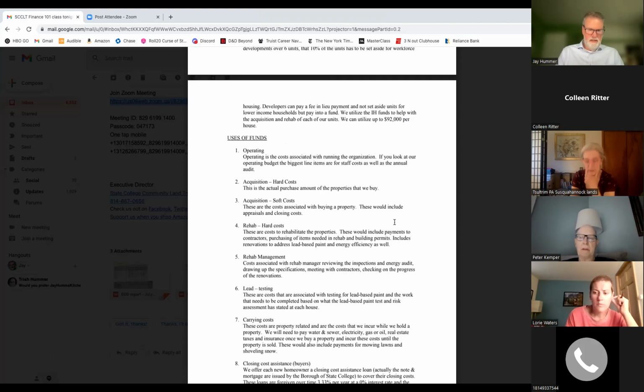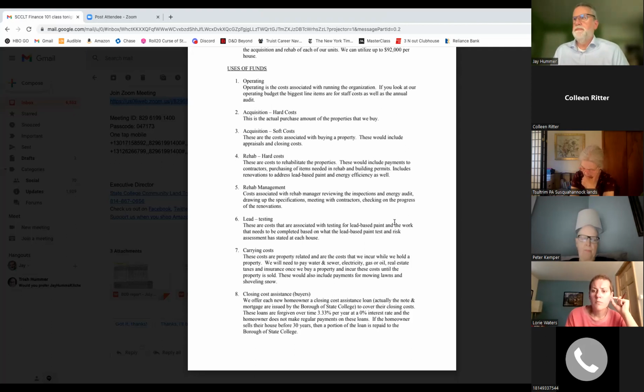So I have a question there. Sure. When I bought my house, they said that it was no longer the case that the loan would be considered repaid after 30 years. Is that what it says here? Oh, yeah. These loans are forgiven over time at 3.33%. So they told me that's not happening anymore. Okay, I don't know if that's the case.